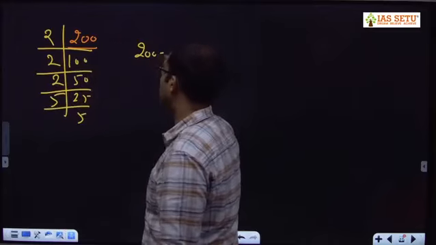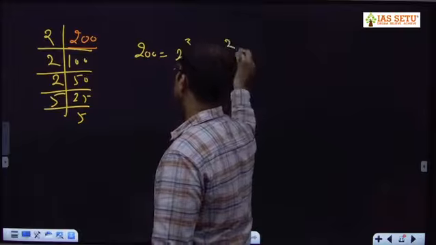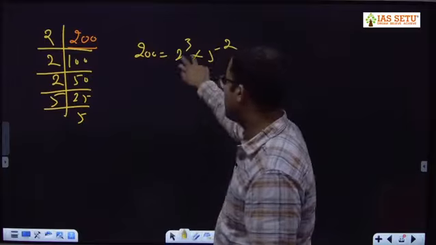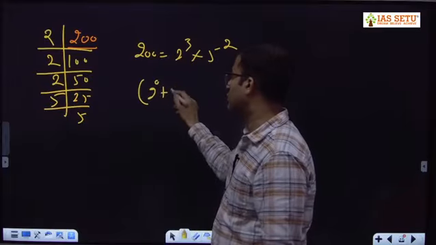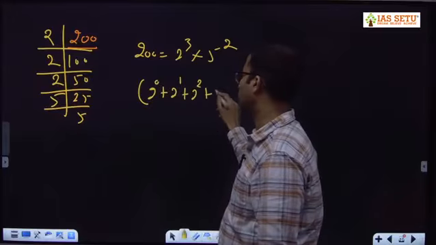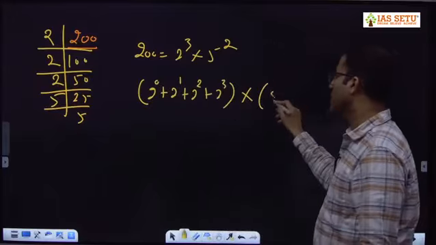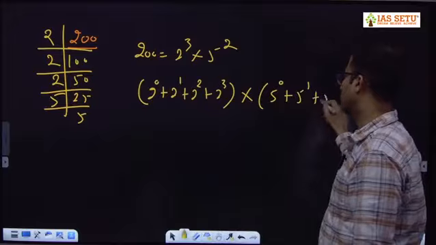So 200 is 2 to power 3 into 5 to power 2. Now here what we will do: 2 to power 0 plus 2 to power 1, 2 to power 2, 2 to power 3, bracket close. Second bracket 5 to power 0, 5 to power 1, 5 to power 2.